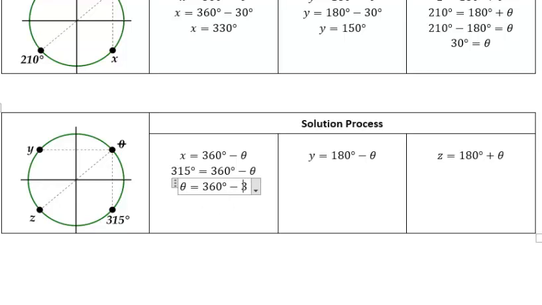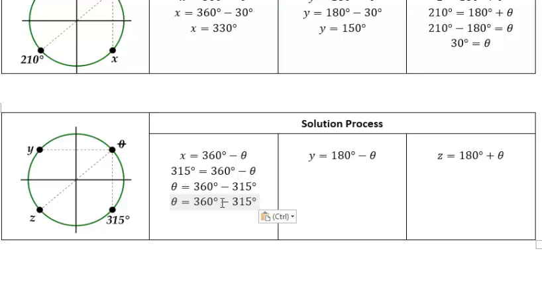Once I move it to the other side, it will be negative. So I just need to subtract 360 minus 315. That will give me an answer of 45 degrees. That will be the first angle, the starting angle, theta. Angle theta will be 45 degrees.